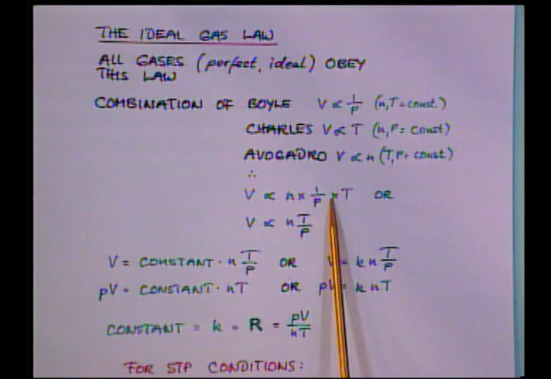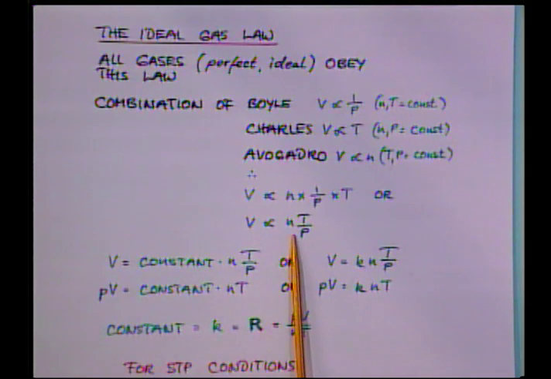If we leave these multiplication signs out and just use the contracted way of writing an equation, then it would be volume is proportional to moles, temperature over pressure. Now, in order to make an equation, we have to have a proportionality factor, and that's usually a constant.